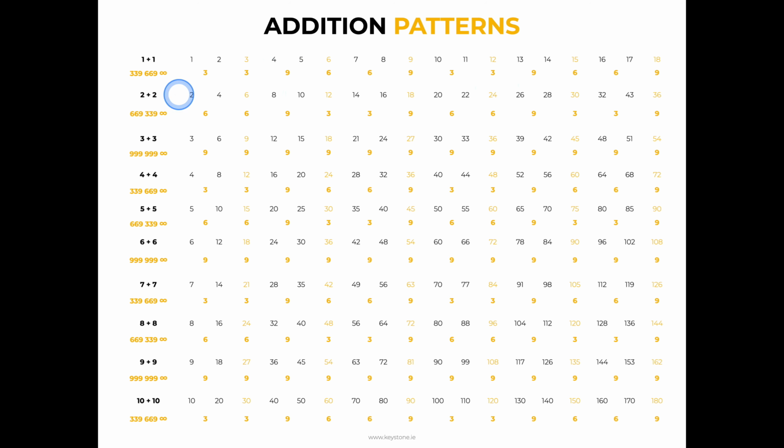So with any of our regular numbers, 1, 2, 4, 8, 7, and 5, this pattern is woven within it. 339, 669, 339, 669, etc. With our 3s and 6s, the pattern is all 9s, which is the wheel of 9s we discovered earlier. And with the 3, 6s, and 9s, when it comes to addition, we just get a pattern of 999 all the way. And there's just a simplification of it.